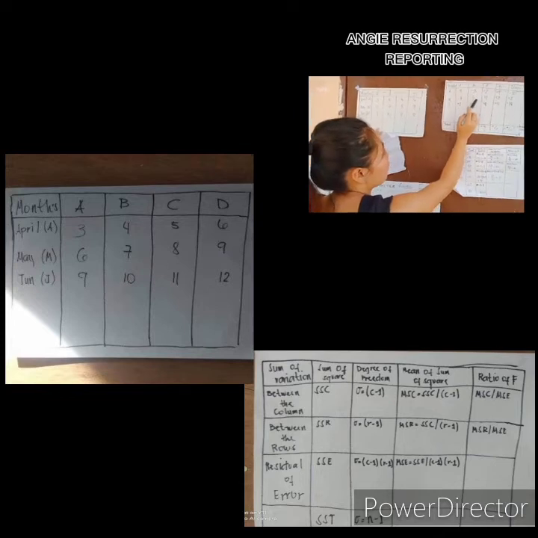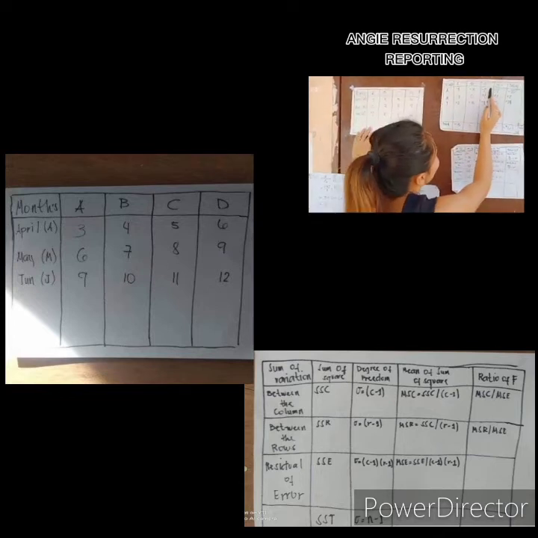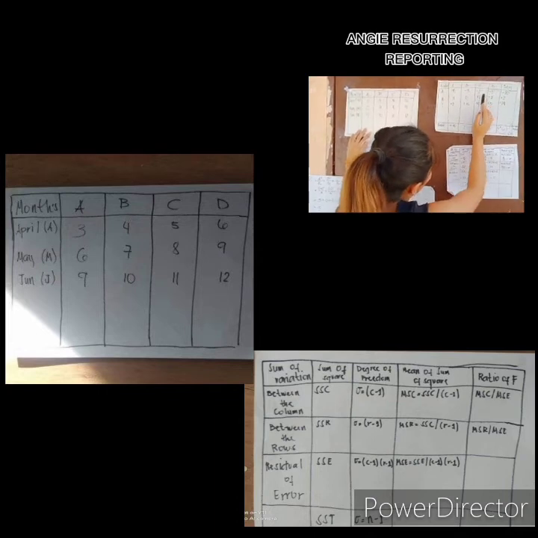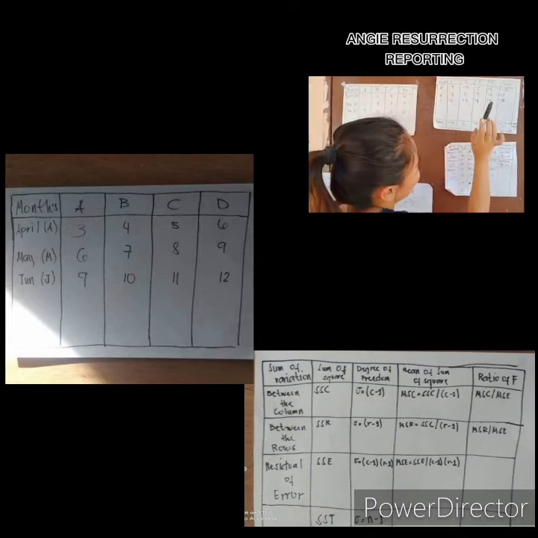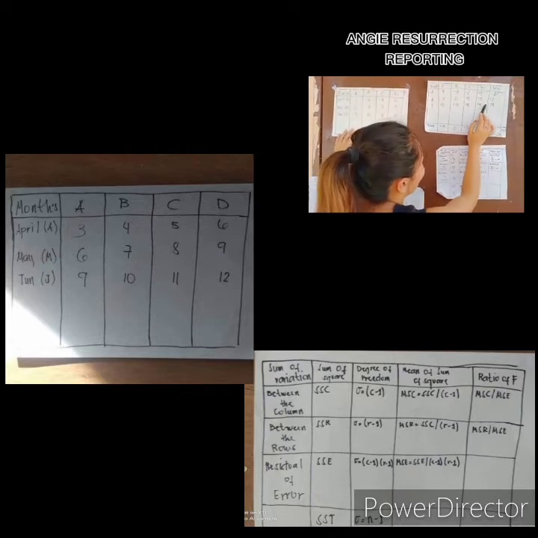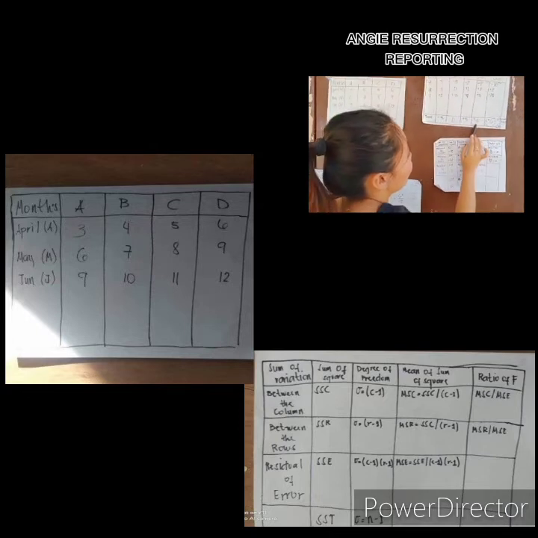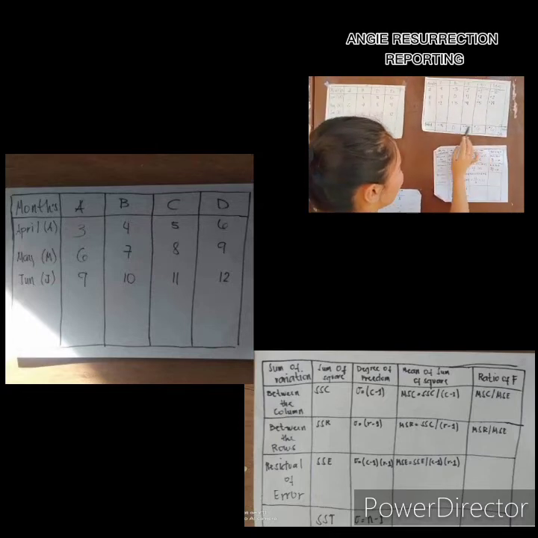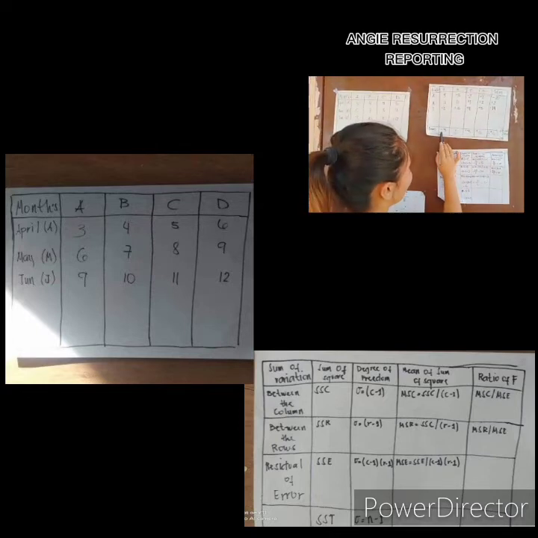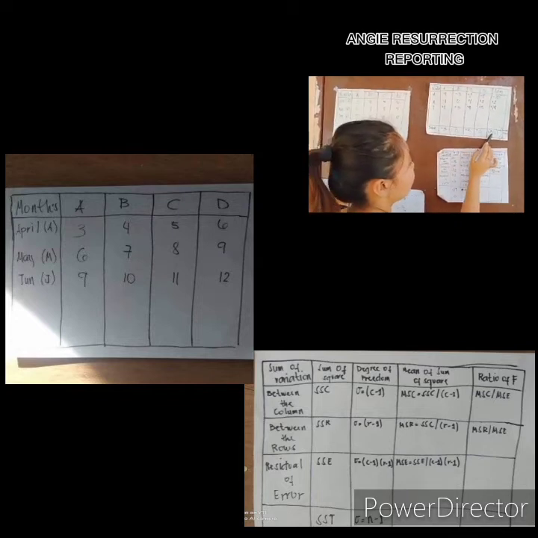Minus 3, 0, plus 3 is equal to 0. Minus 2 plus 1 plus 4 is equal to plus 3. Minus 1 plus 2 plus 5 is equal to plus 6. So the total is minus 3 plus 0 plus 3 plus 6 is equal to 6.